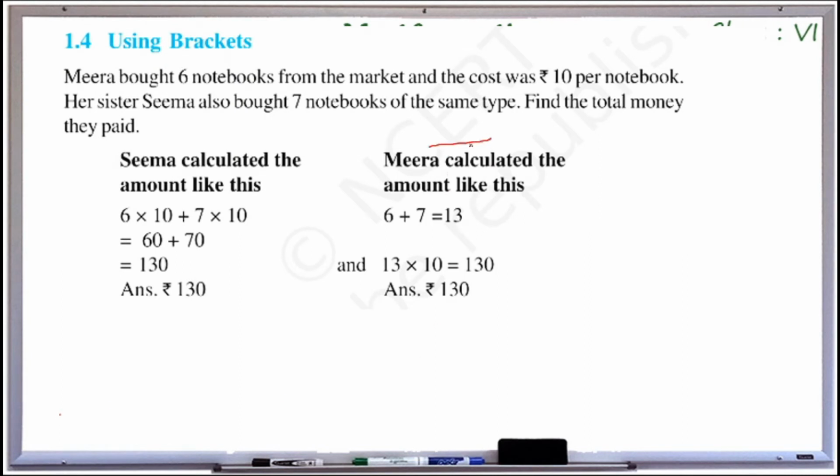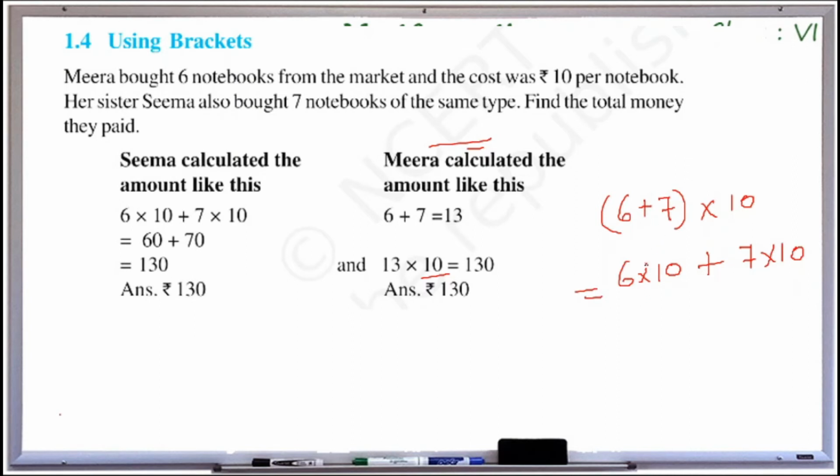In this second type of calculation, first we added 6 plus 7 and then multiplied by 10. And in the other, we multiplied by 10 first: 6 into 10, 7 into 10. Thus we find the answer. Both the answers are correct.